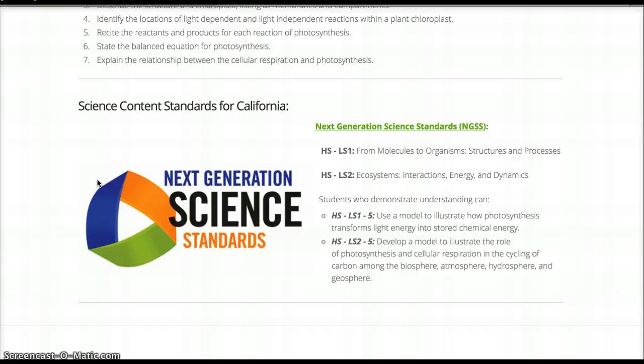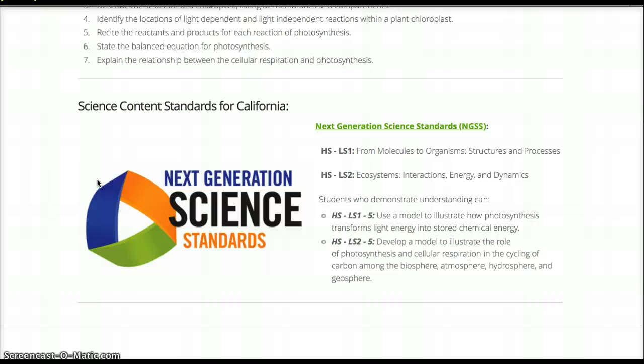Now, in 2013, the state of California adopted what's called the Next Generation Science Standards. So these are fairly new, but I've included 2 of them in my unit, and those are HS-LS1 for molecules, organisms, structures, and processes, and HS-LS2, ecosystems, interactions, energy, and dynamics. And the two that correspond with those are HS-LS1-5.